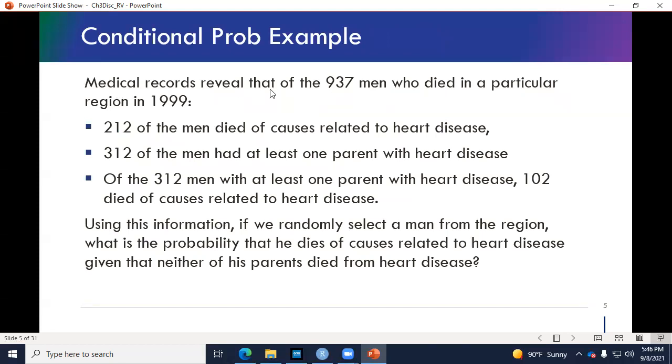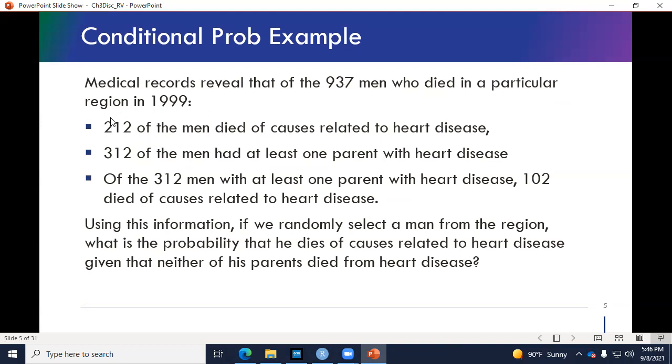Medical records reveal that of 937 men who died in a particular region in 1999. So we know the total number of people who died in this region. And out of this many people, 212 of them died of causes related to heart disease.